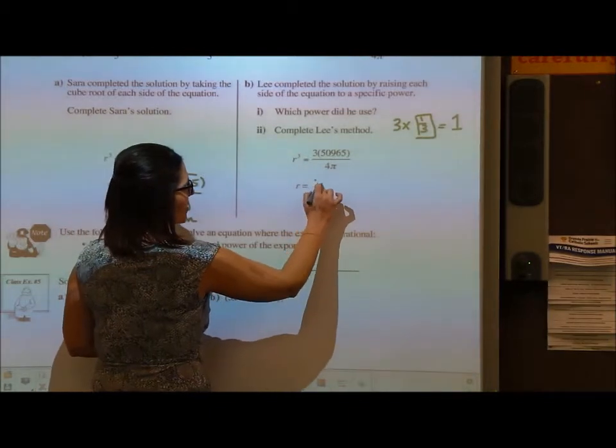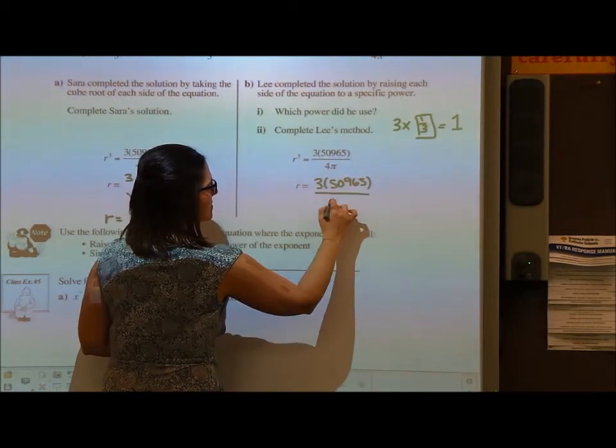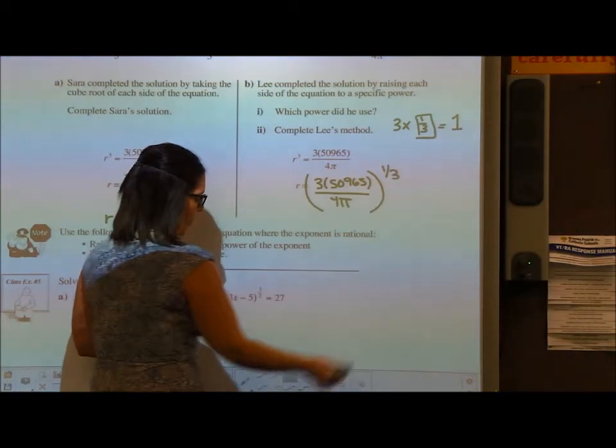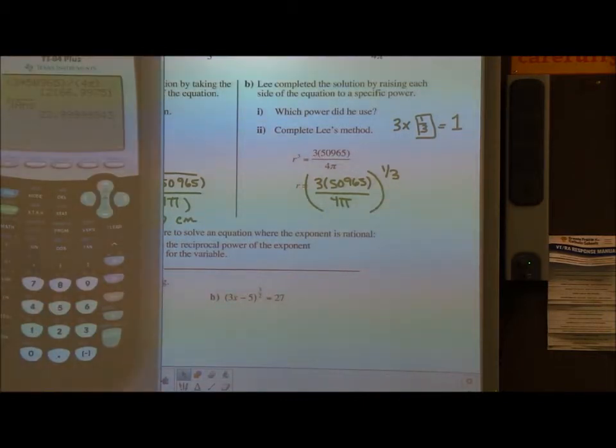So then I've got the same calculation that Sarah made, only I raise this to the power of 1/3. So there's my entry, my 12,166, and I can raise that to the power of 1/3, 1 divided by 3.